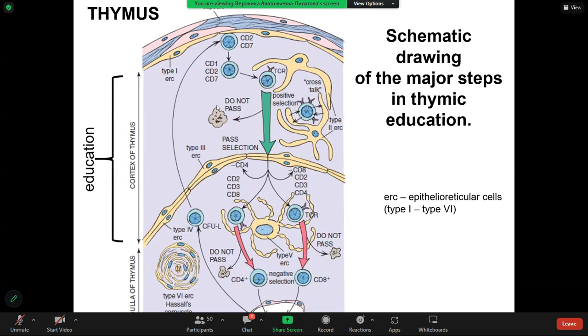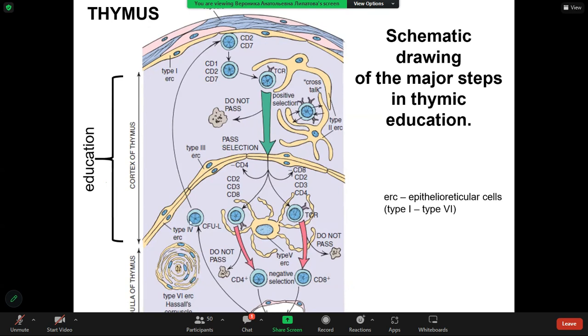And after the education, only from 1% to 5% of these so-called students get a diploma and become educated T lymphocytes.